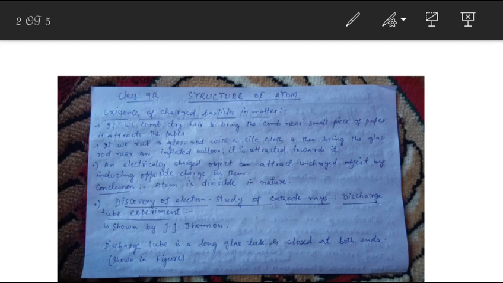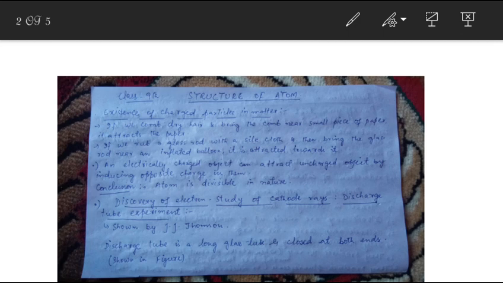At first the comb was uncharged, it was neutral, but when we rub it with dry hair and bring it near the small piece of paper, why does it attract the paper? It is because by rubbing, an electric charge is created in it. So there must be some charged object in the atom.